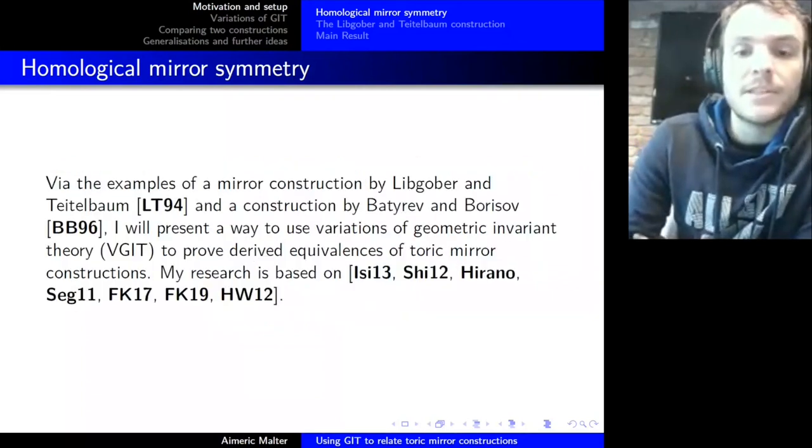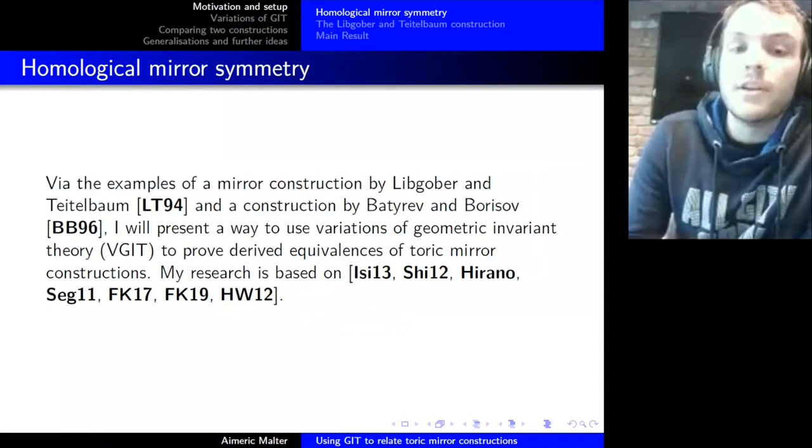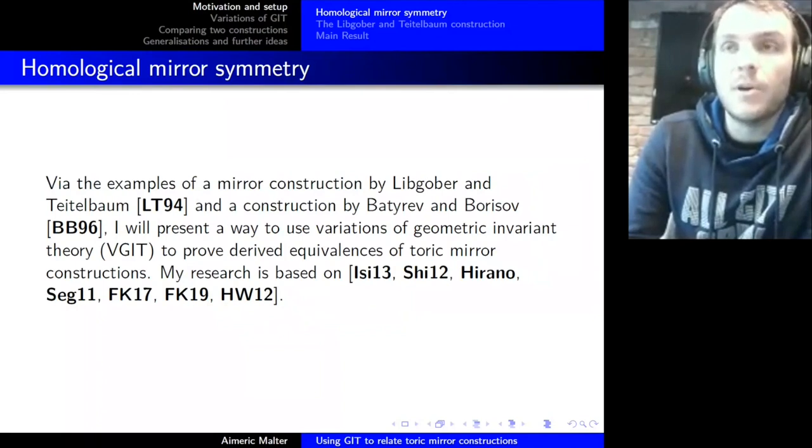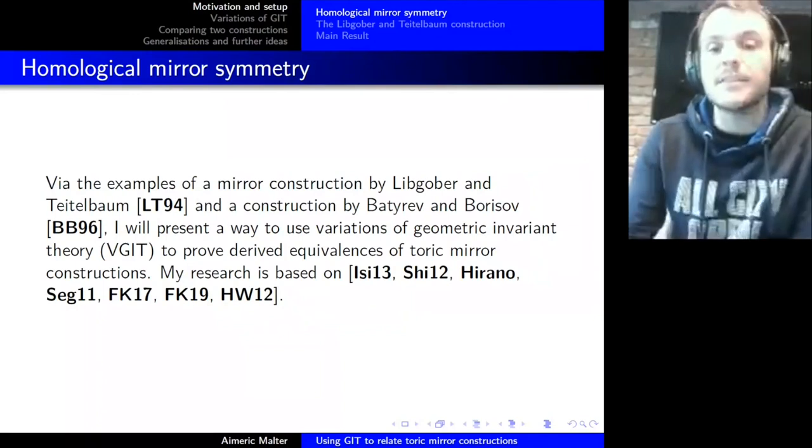So I'm going to present a way to use variations of geometric invariant theory to prove such derived equivalences, and I am going to do it based on two examples. One of them is the well-studied Batyrev-Borisov example, which is the classic toric geometry polar duality construction that many might have seen.